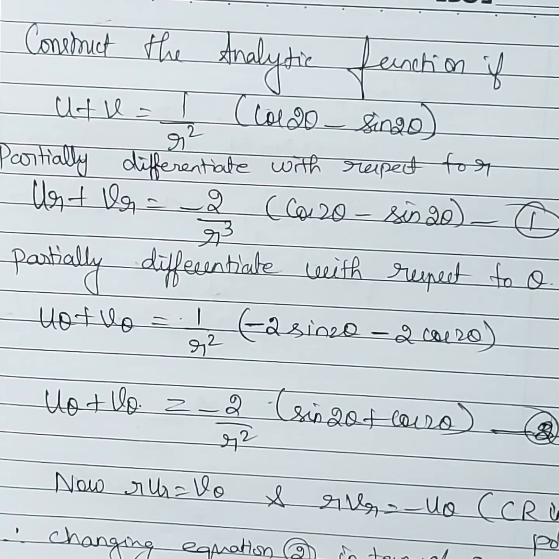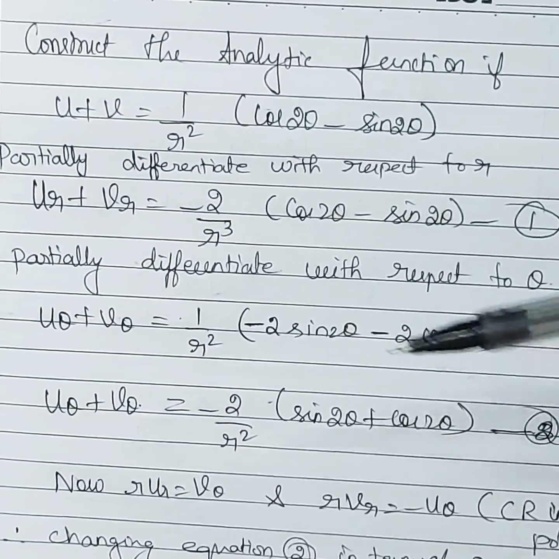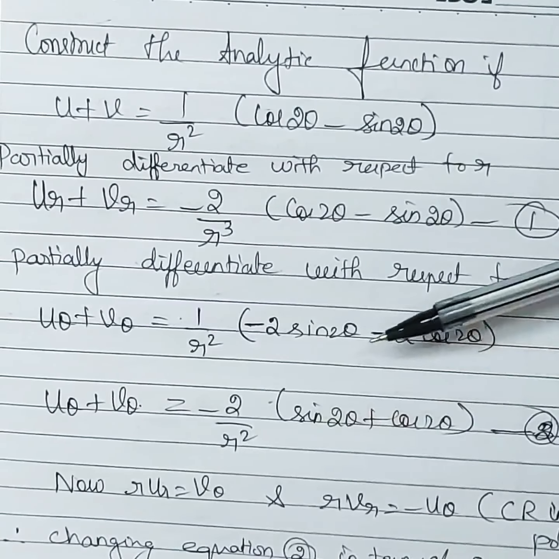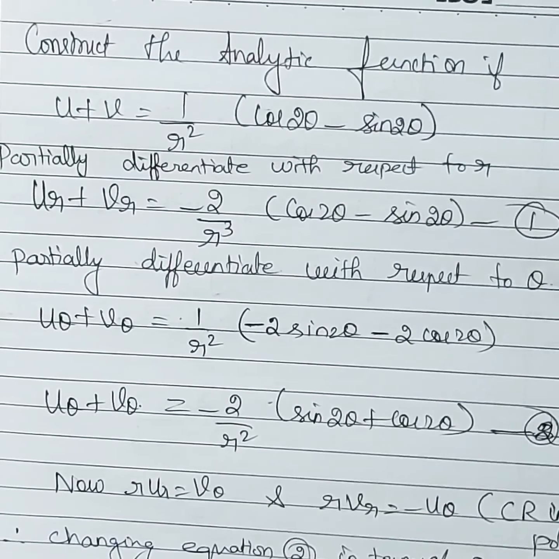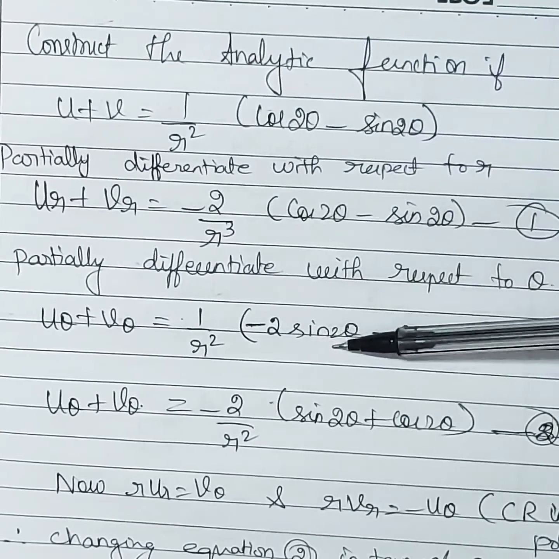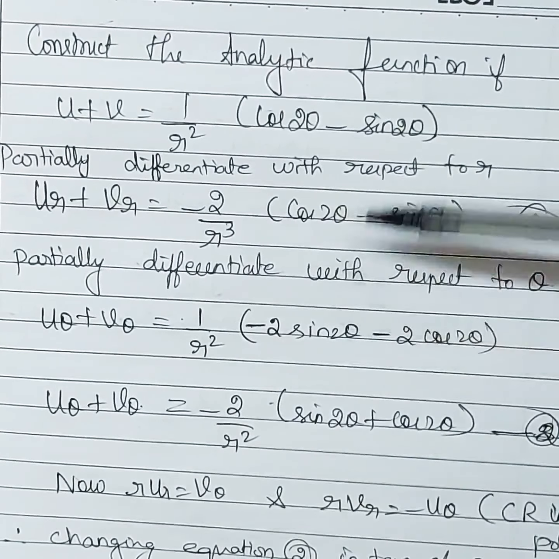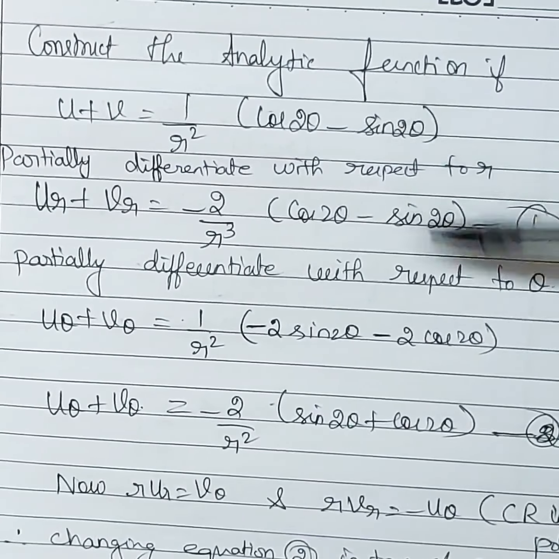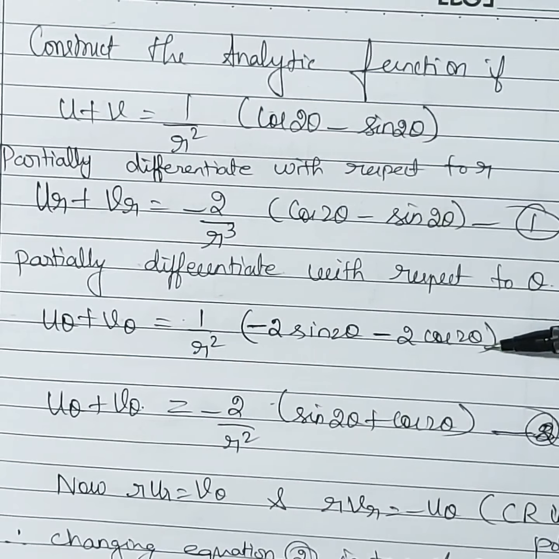Now we are going to partially differentiate with respect to theta. So r is a constant, and we have written the 1 by r square constant as it is. The differentiation of cos 2 theta is minus 2 sin 2 theta, and of sin 2 theta is 2 cos 2 theta.